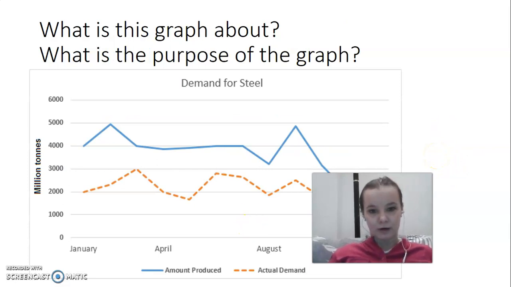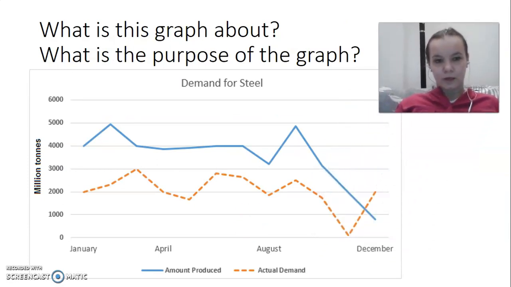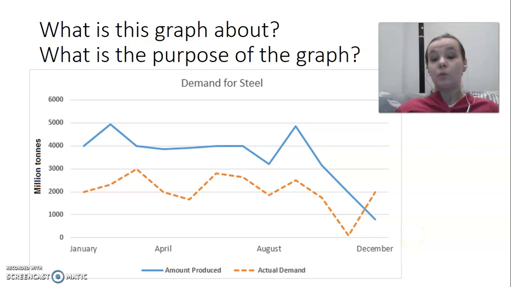So here we have a graph. Take a look at this graph here. That's a double line graph. Think, what is it about and what is the purpose of this graph? You can pause the video and take your time and think about it. All right, so this graph is about demand for steel.